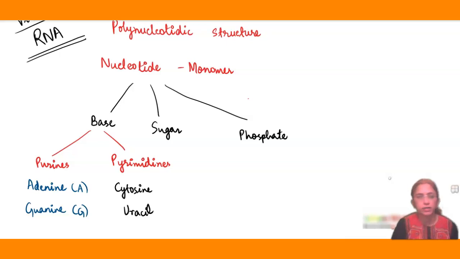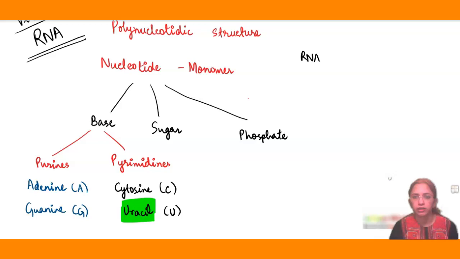So this is a very important difference, that there is no thymine in the case of RNA. So RNA contains no thymine. Very important, in place of it, which base is present? Uracil. This is the major difference.